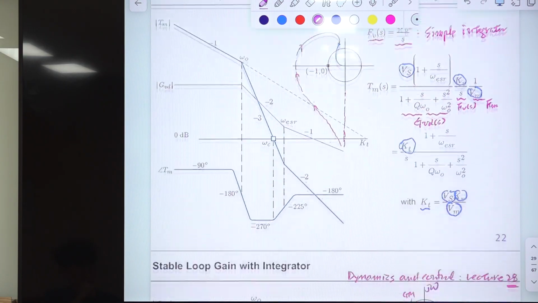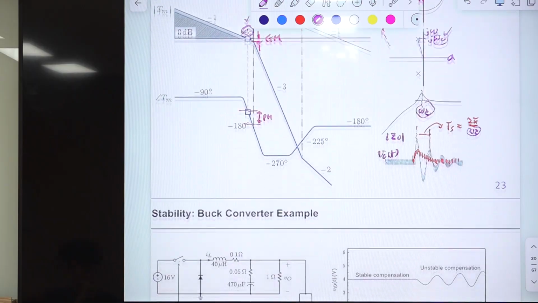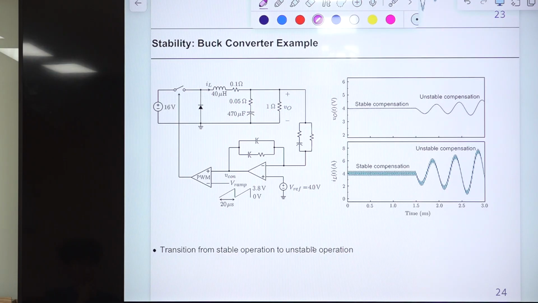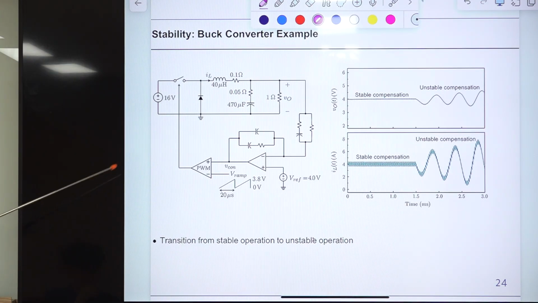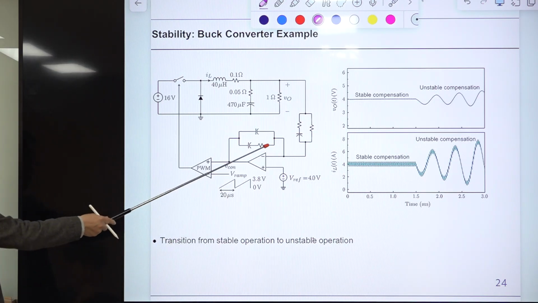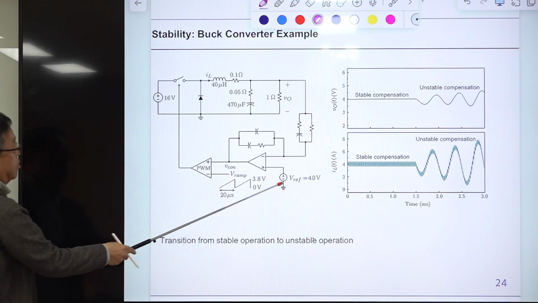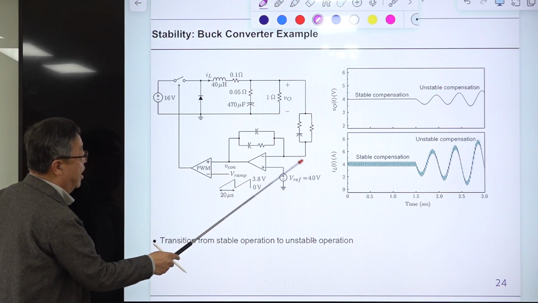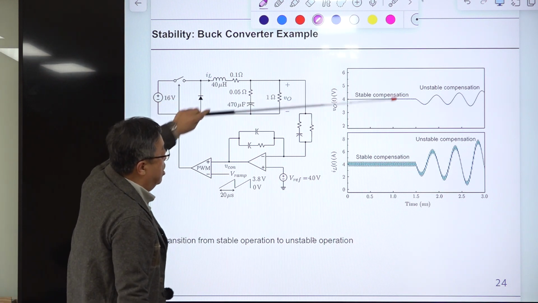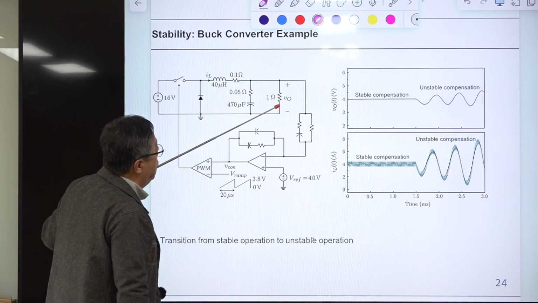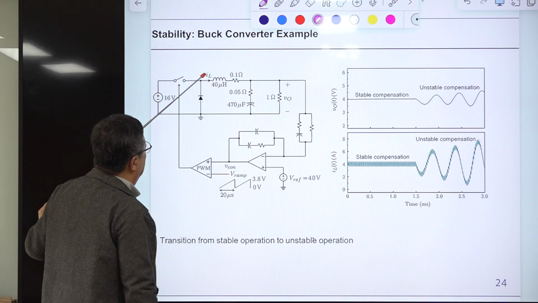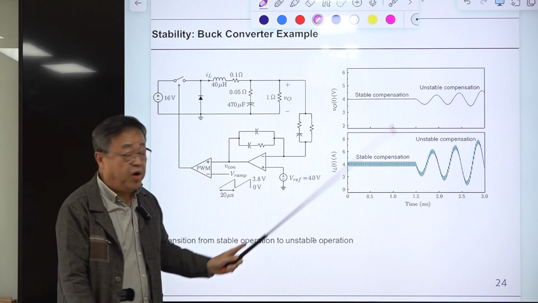And I'd like to show the response of an unstable converter. Okay, so this is the example I generated. This is a buck converter, a closed-loop buck converter. We are using this type 3 compensation, and the reference voltage is 4 volts, and there is nothing here. So the output is regulated at this 4 volts, and with the 1 ohm load, the load current is 4 amps. Then the average value of the inductor current is 4 amps. So this one was okay.